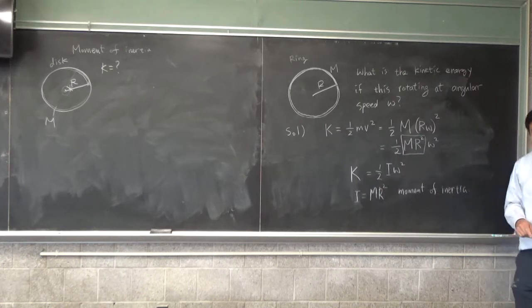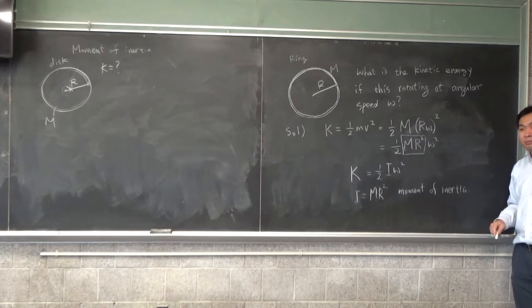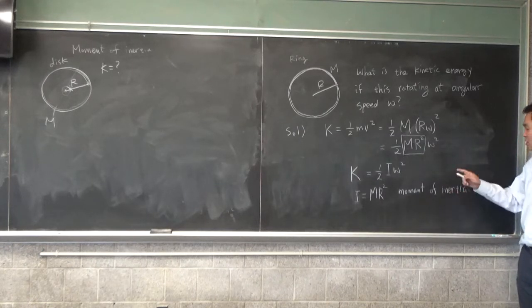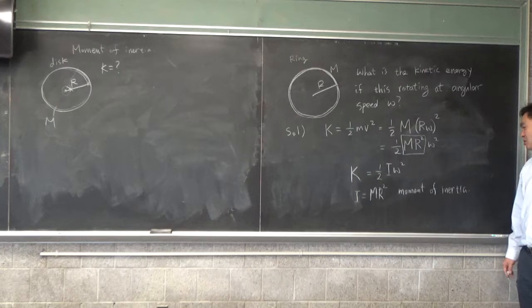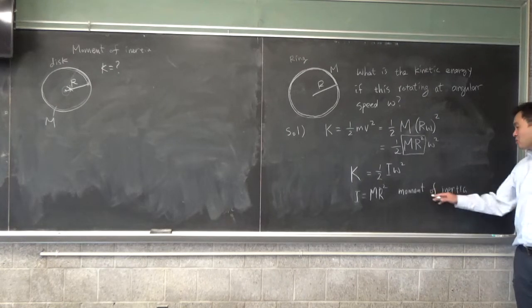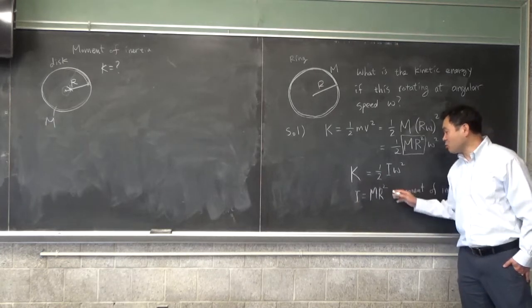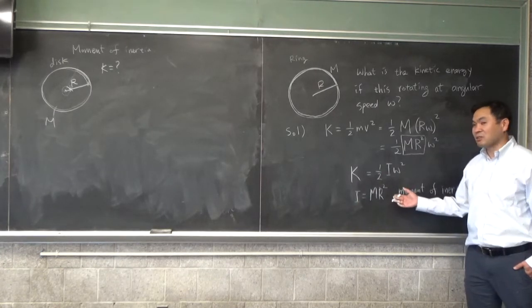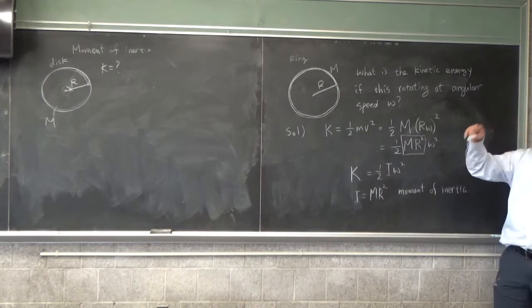Which, by the way, has no relationship with momentum, but historically people started calling this for some reason, and then the word just got stuck. So it's an unfortunate choice of words, but its actual meaning is something that acts like mass when you have a rotating object.